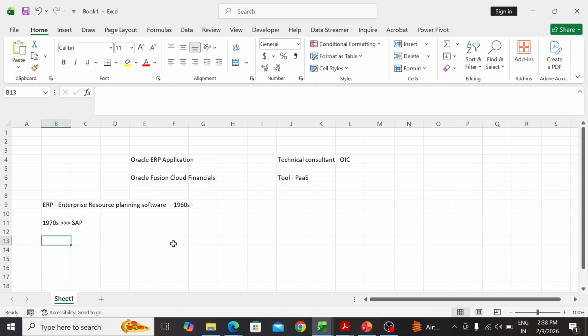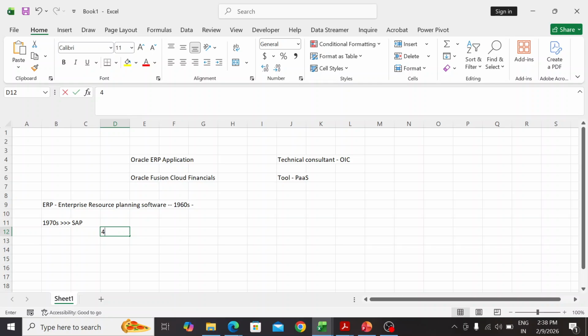So in the market, who started the ERP application? It was first started by the SAP company. ERP is Enterprise Resource Planning. So what does enterprise resource mean?